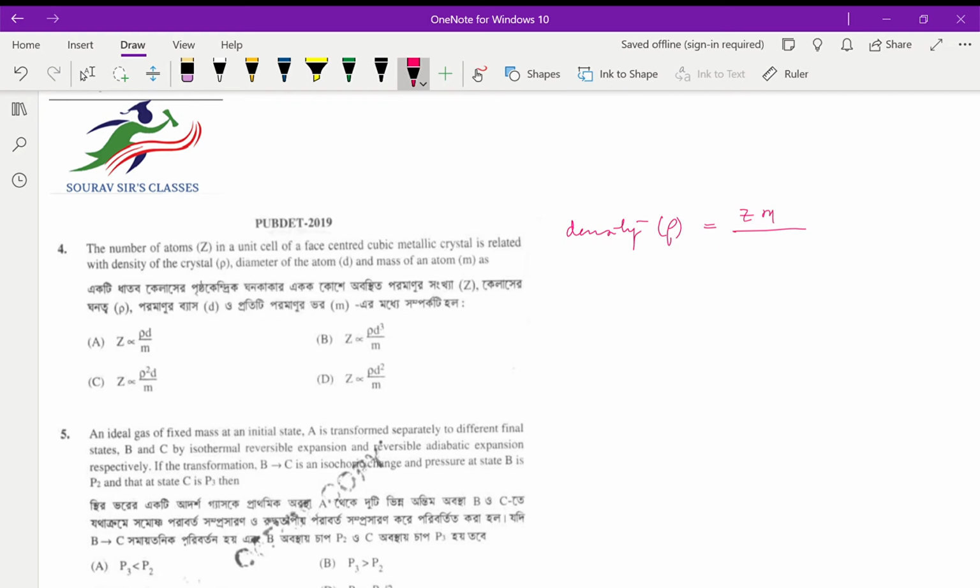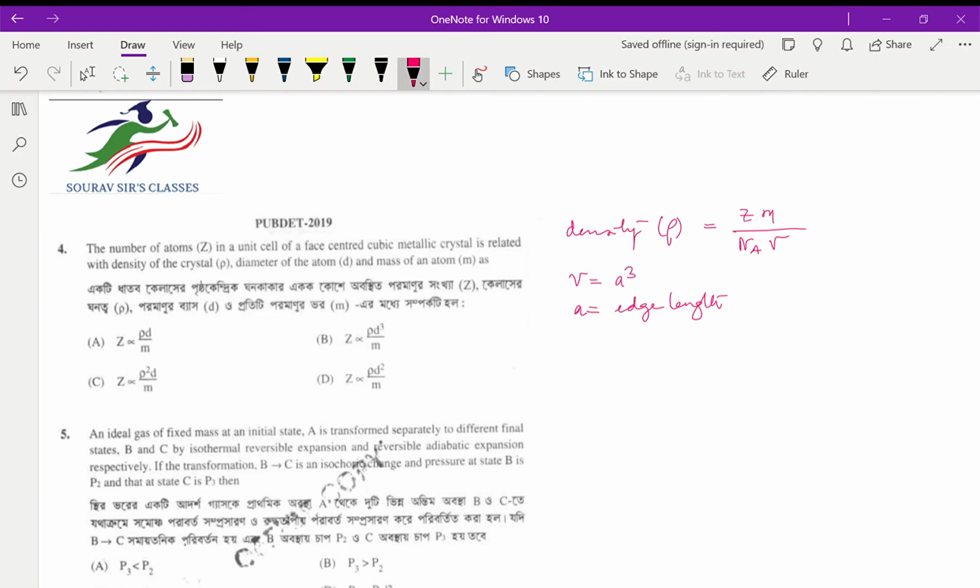And then we have Avogadro number Na multiplied with the volume, where volume we know is a cube, where a is the edge length.